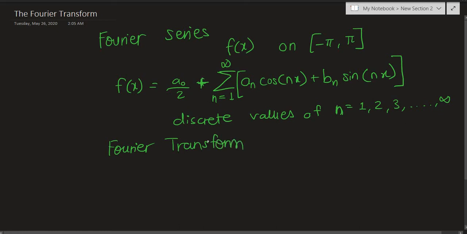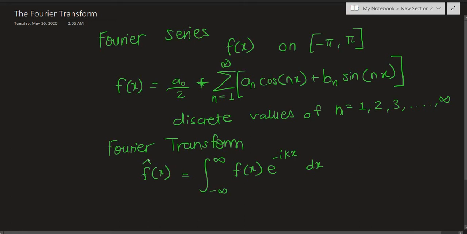So again, if you have some function of x, let's say it's f of x, you integrate that from negative infinity to positive infinity. So f of x multiplied by e to the negative i kx dx, and whatever you obtain is the Fourier transform of f of x.